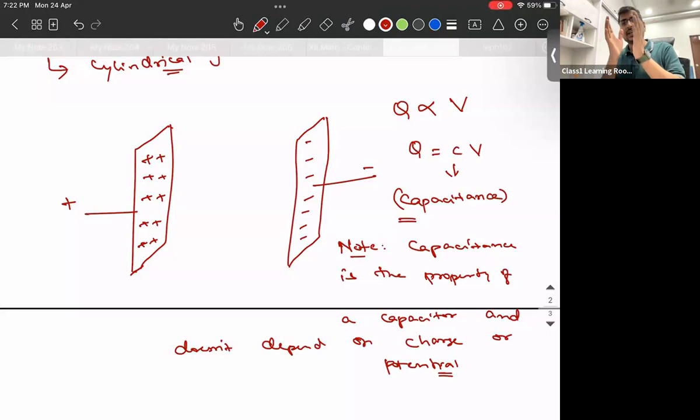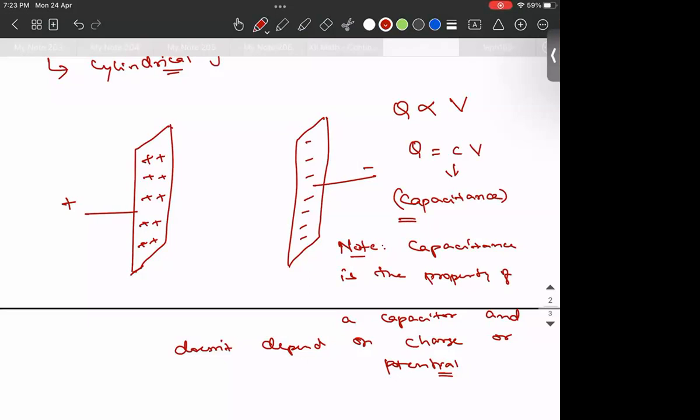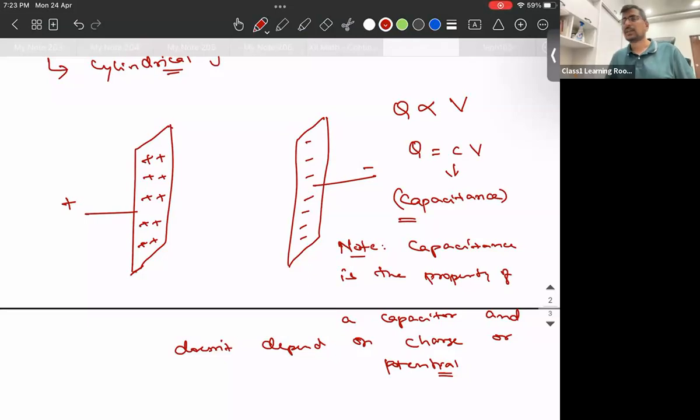Suppose you take a 1 liter bottle. If I ask you to fill it with water, what is the maximum limit of water that you can fill within it? 1 liter, obviously. The same logic is applicable.